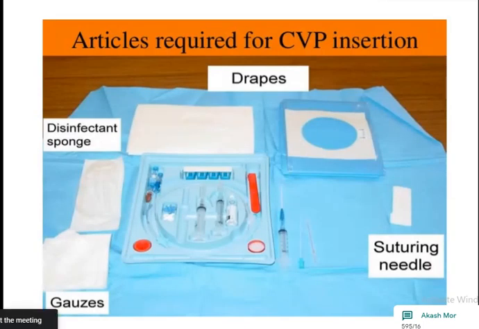What we require is a proper set having the central venous catheter, various syringes with the guide wire, drapes, and disinfection. Asepsis should be maintained in all these procedures, because you are directly entering into the major veins and arteries.